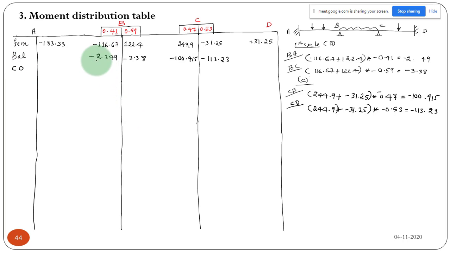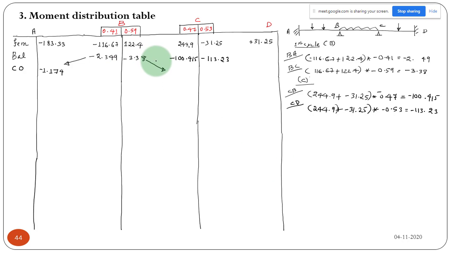How much moment should carry over to the far end, because the far end is fixed? The carryover is just half of this value, minus 2.349 by half, you will get minus 1.174. And this joint B applied this much amount of moment, and half of the moment should carry over to joint C, which is continuous. Again the carryover factor is half.